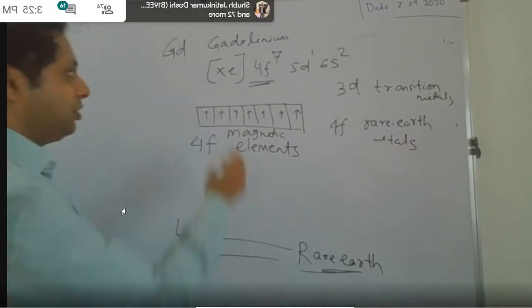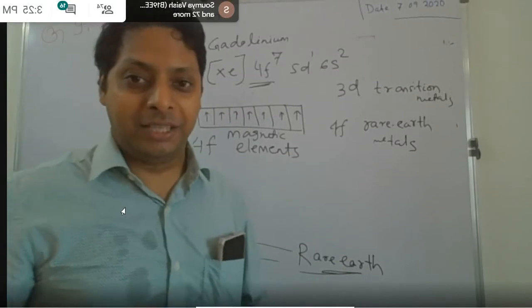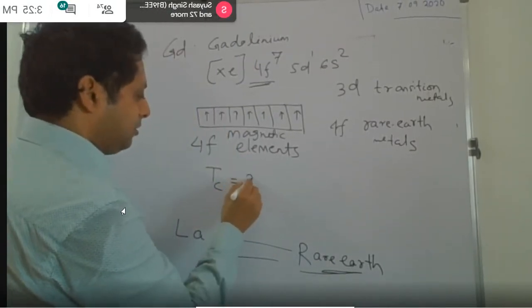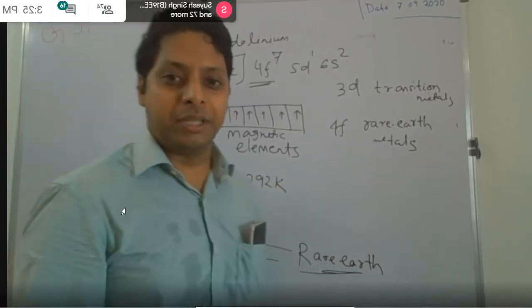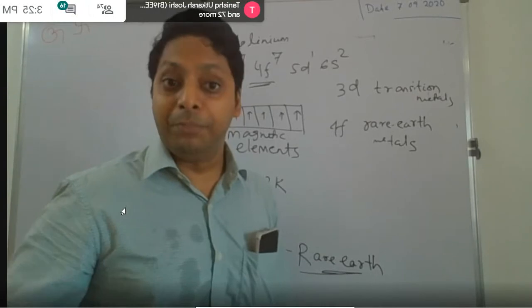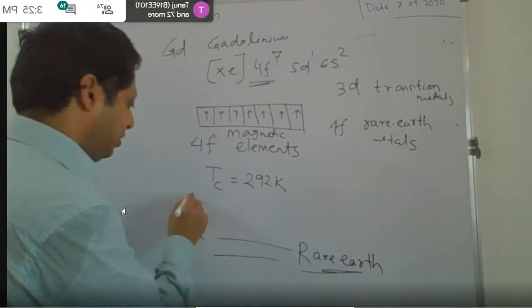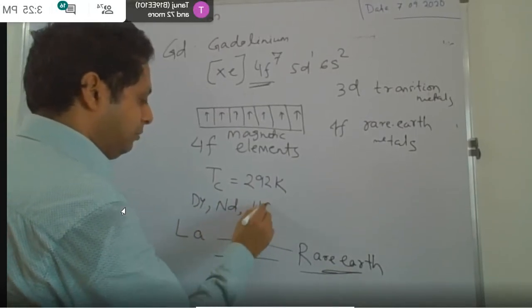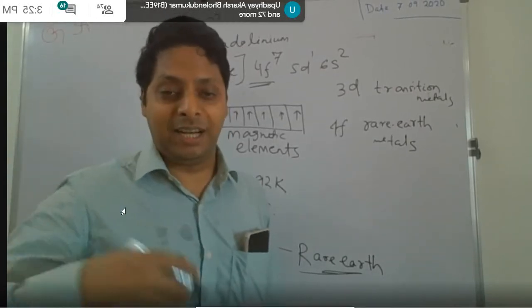In this series, gadolinium is ferromagnetic, and the Curie temperature is up to 292 Kelvin. The others have magnetic moment, but they are mostly paramagnetic, or they become ferromagnetic when you go to low temperature. So there is dysprosium, neodymium, holmium. All these might become ferromagnetic at low temperature.